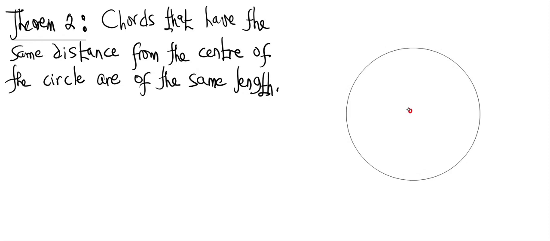So let's say this is the center of the circle. We have chord AB and chord CD. The two chords have the same distance from the center of the circle, so they are equidistant from the center of the circle.